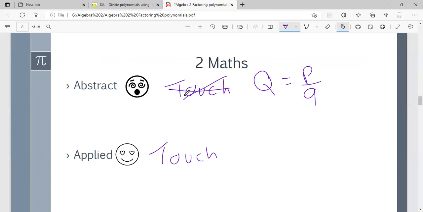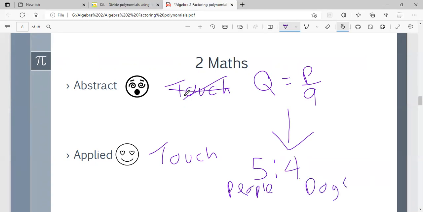But the applied version of a rational number is dealing with ratios like 5 to 4. And 5 to 4 could be people to dogs. That's something that you can touch, because you can touch a person, you can touch a dog, although you may want to be careful with all the viruses we got to deal with.